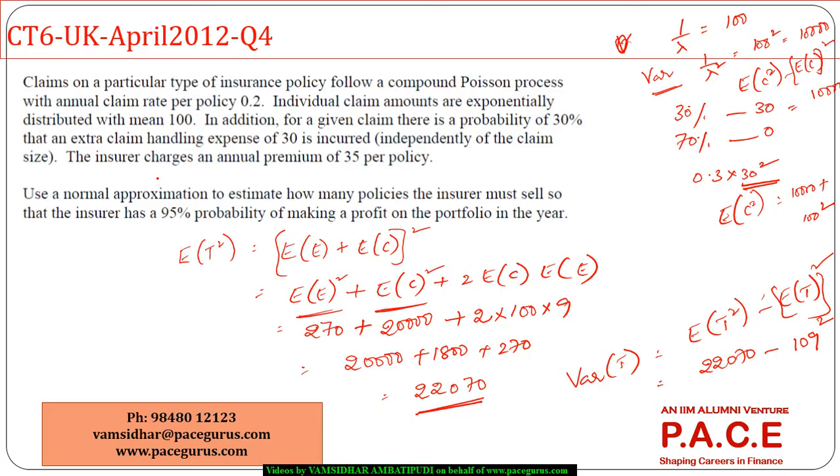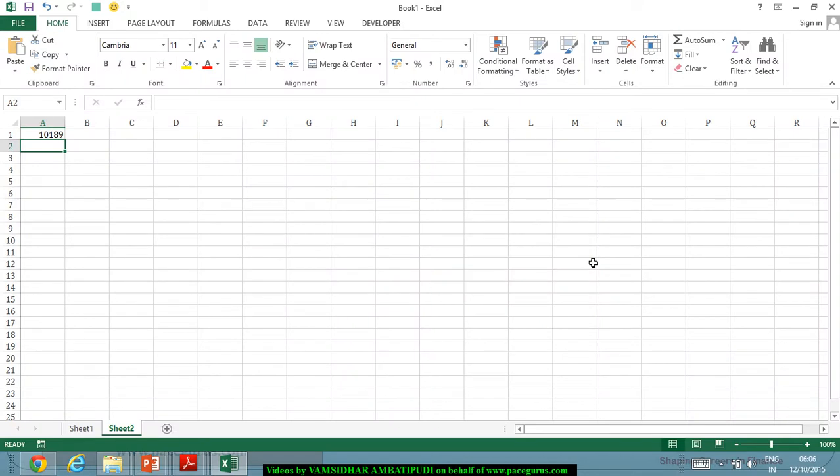Now we have the expected value of T for one policy, and similarly the variance of T is also for one policy. For 0.2n policies, the variance is 0.2n times this much.